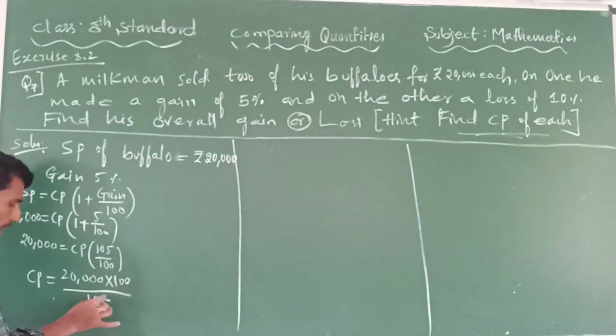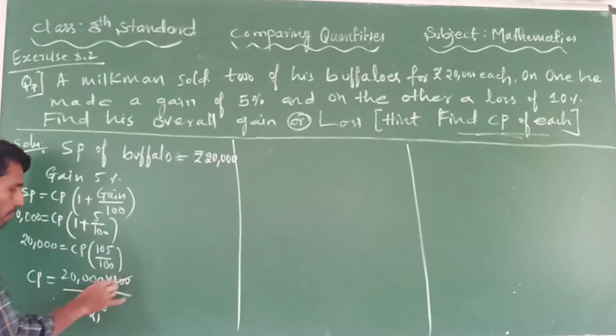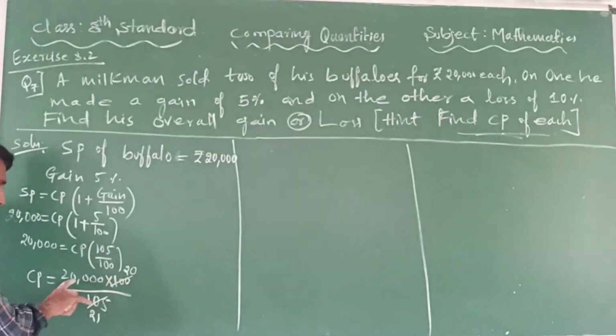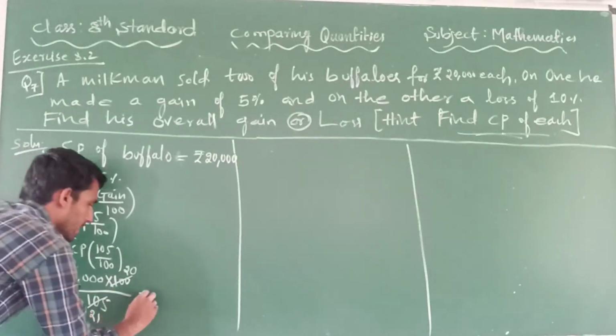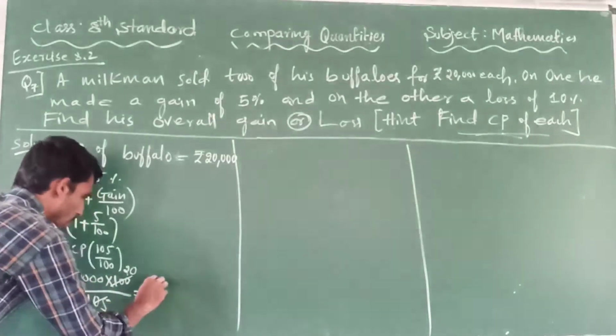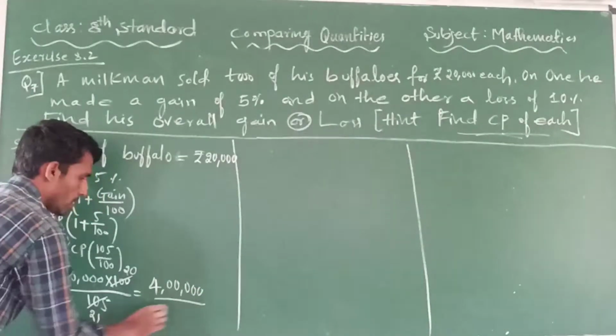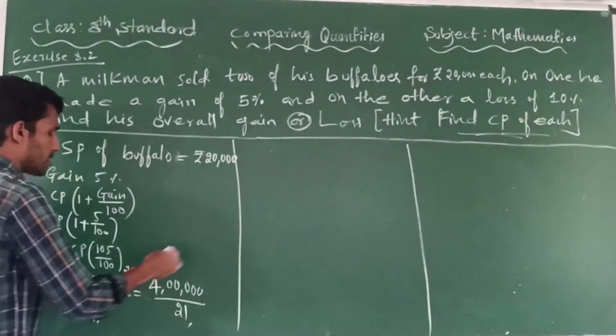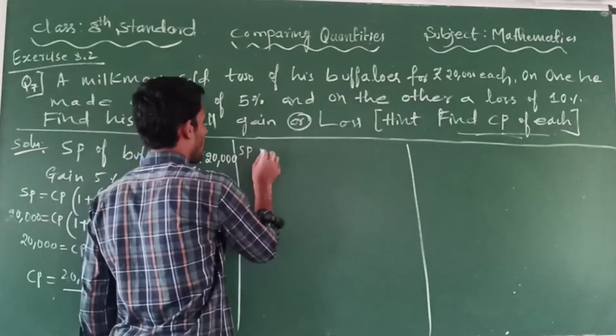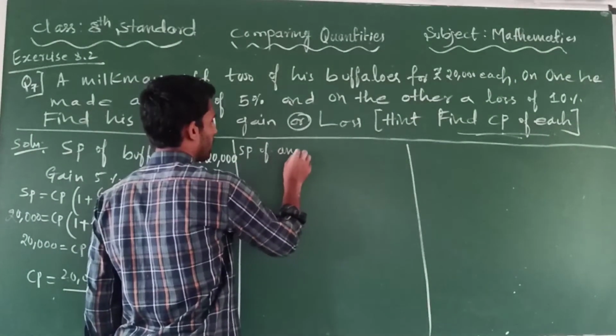Now 5 2s are 10, 5 1s are 5, 5 20s are 100. Now you multiply 20,000 into 20, you will get 4 lakh by 21.